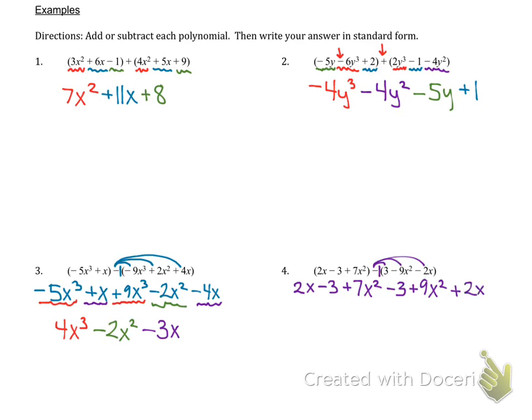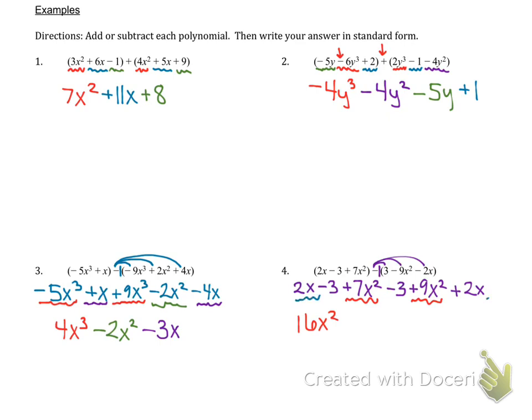And now I'm going to combine like terms. First I'm going to start with my highest degree, which is x squared. So positive 7x squared and plus 9x squared is 16x squared. Then I have my x terms.